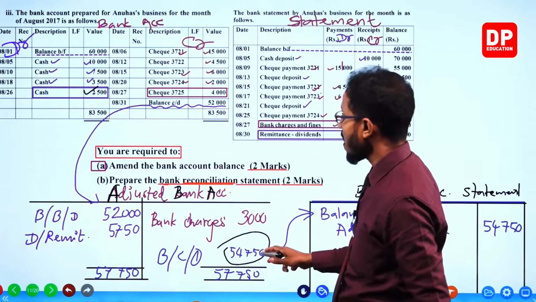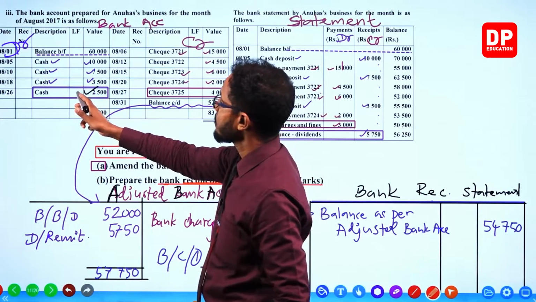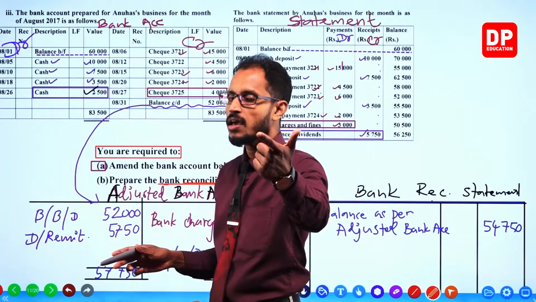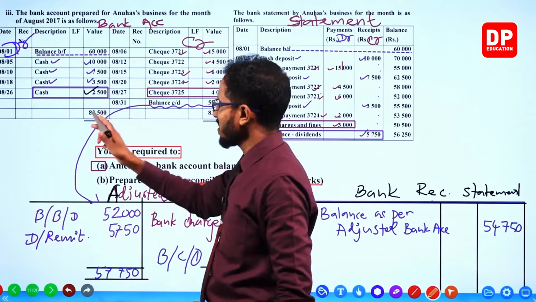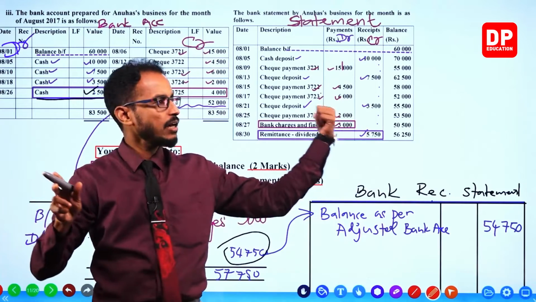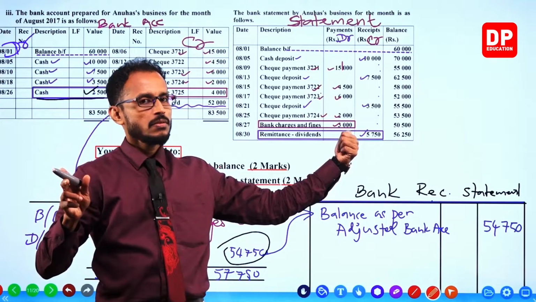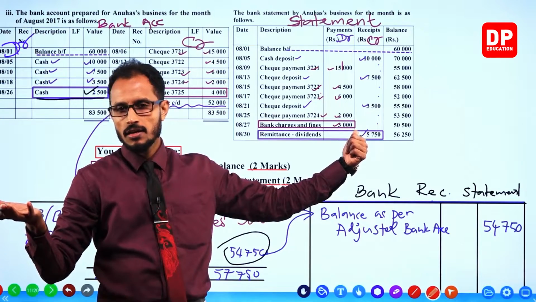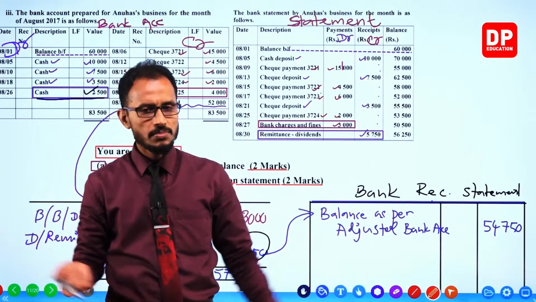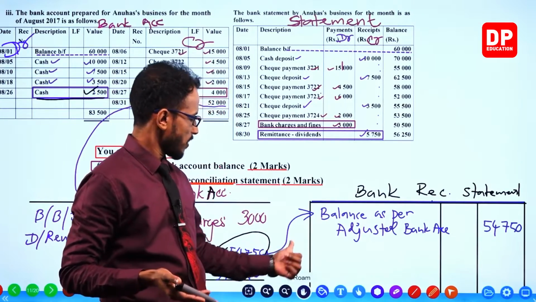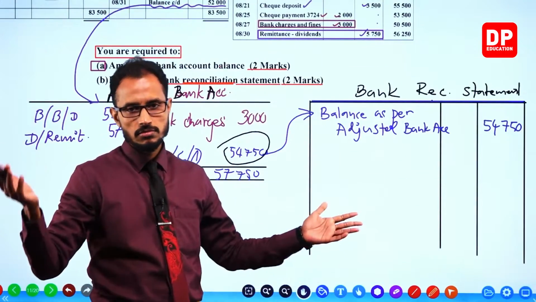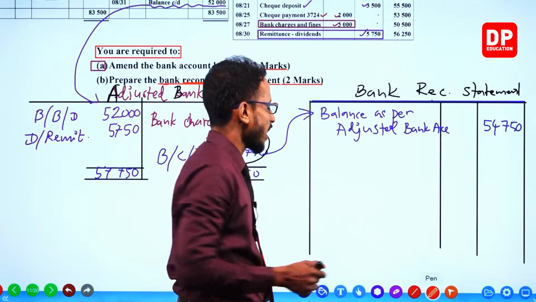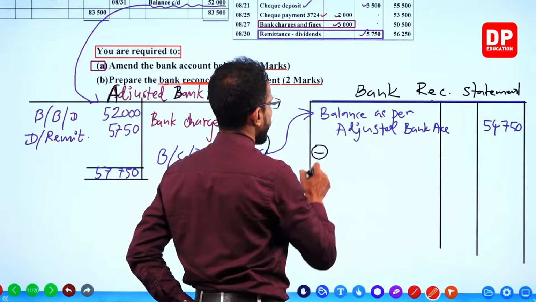In this balance, this item is debited, meaning added to the debit side. Added, yeah, added. But it is missing here in the statement, which means in the statement it is not added. So let's subtract it. Simple as that. Take it out.